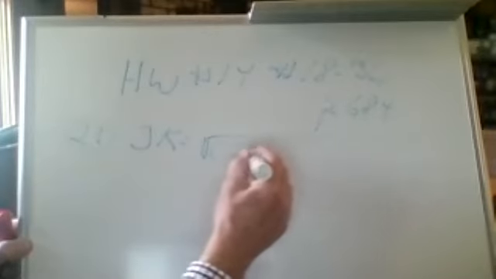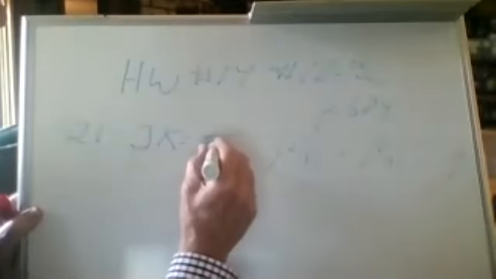So the distance, we'll do one of these together. Okay, so 21, the points are J and K. So we want to find length JK, which is going to be the square root of the difference in X values squared plus the difference in Y values squared plus the difference in Z values squared.